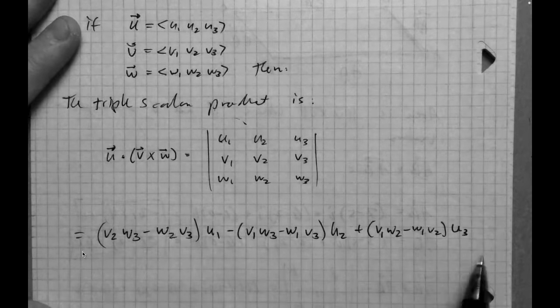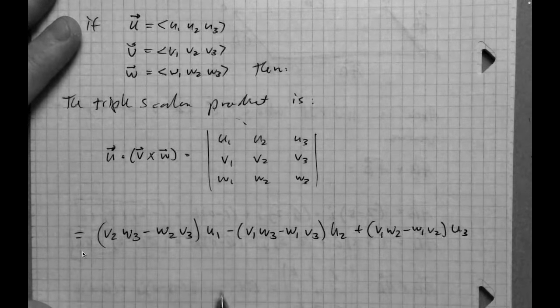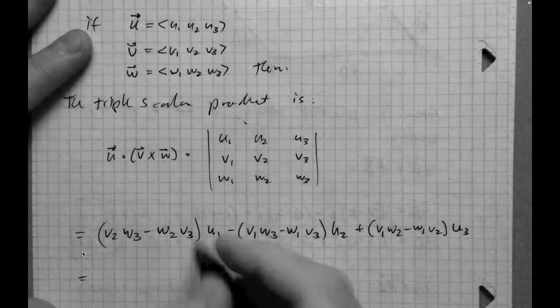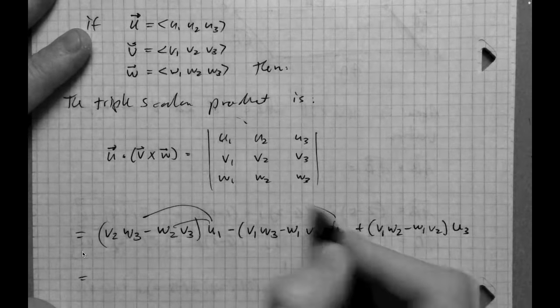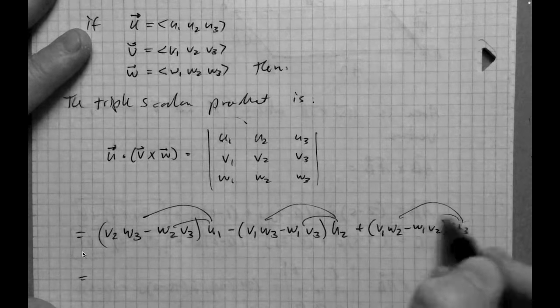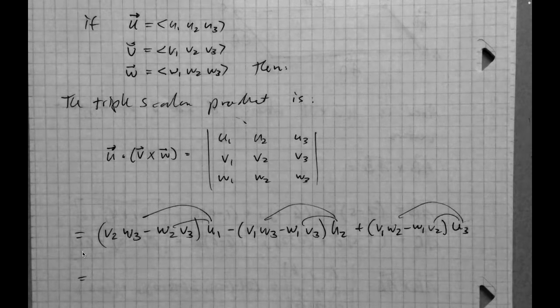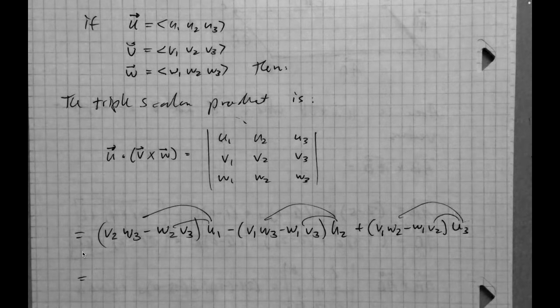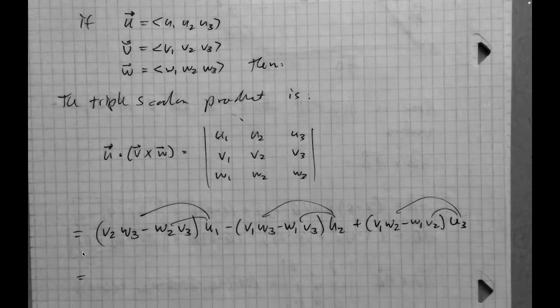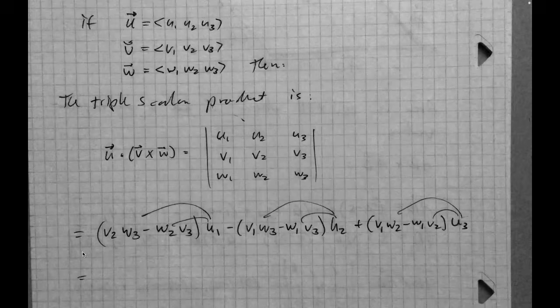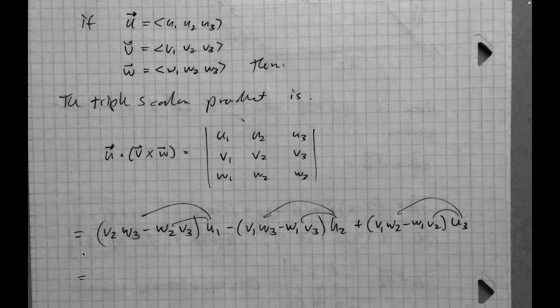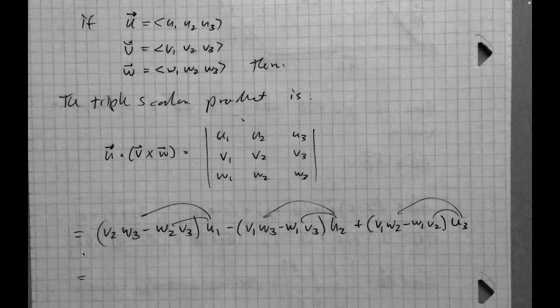And then if I multiply the u1s through here, you can see what happens. This distributes, that distributes, that distributes, and then in the end, you just add it all up and you get, sorry, you get a scalar. You get the triple scalar product, which is a scalar. Okay, very good.